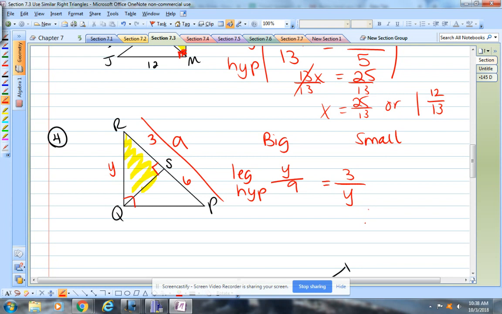Well, we know how to simplify radicals, don't we? Yeah. What's y times y? Y squared equals 9 times 3, and then we take the square root. So that's y equals radical 9 times 3, which is 3 radical 3.